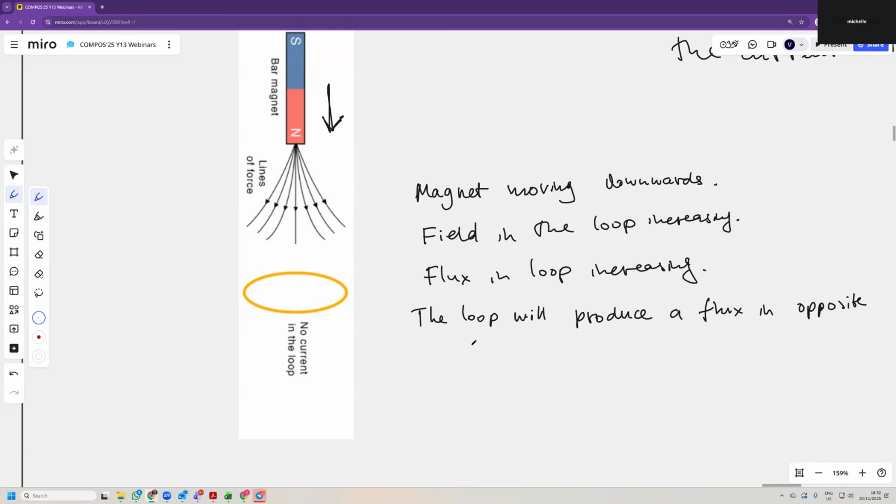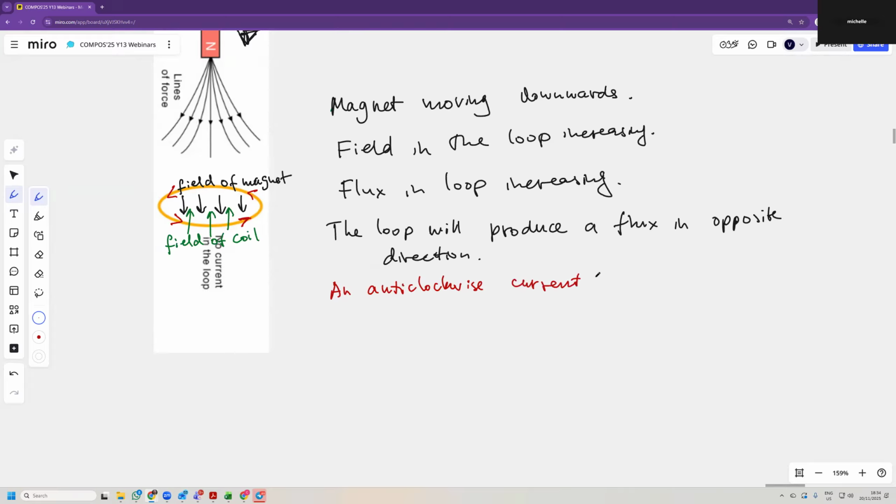An anti-clockwise current will be induced in the loop. And that's Lenz's law. Okay?